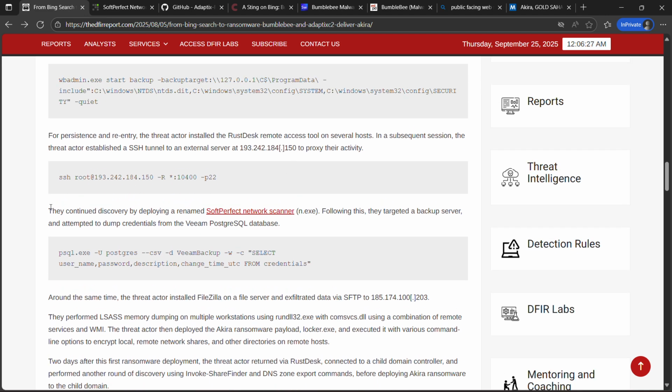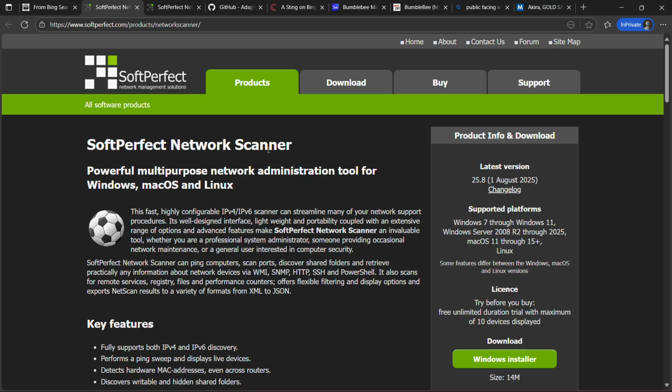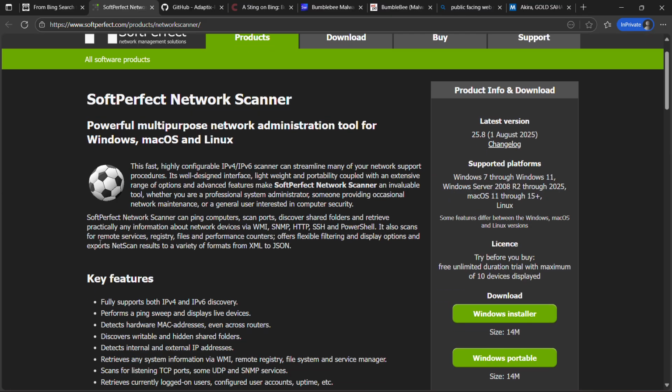Next, they continued discovery by deploying a renamed SoftPerfect Network Scanner. Following this, they targeted a backup server, attempting to dump credentials from the Veeam PostgreSQL database. So SoftPerfect Network Scanner can ping computers and scan ports.